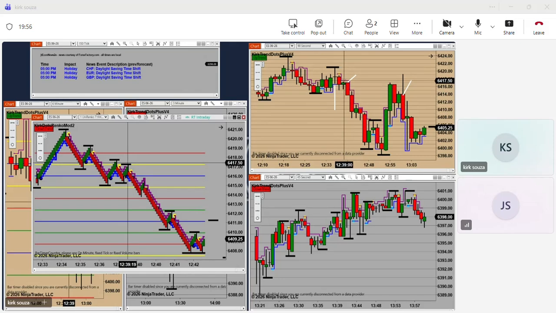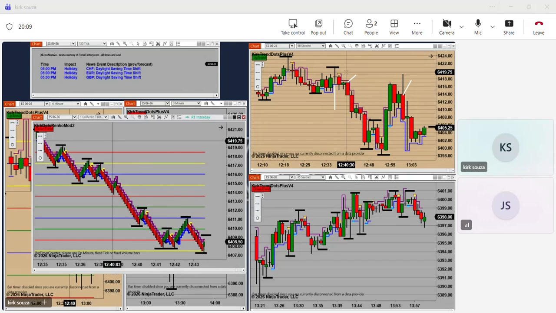Right above it. Yep. Because if it breaks that area, it's going to go up. So you want it to stair step down. Yeah, you'd want to get the hell out.